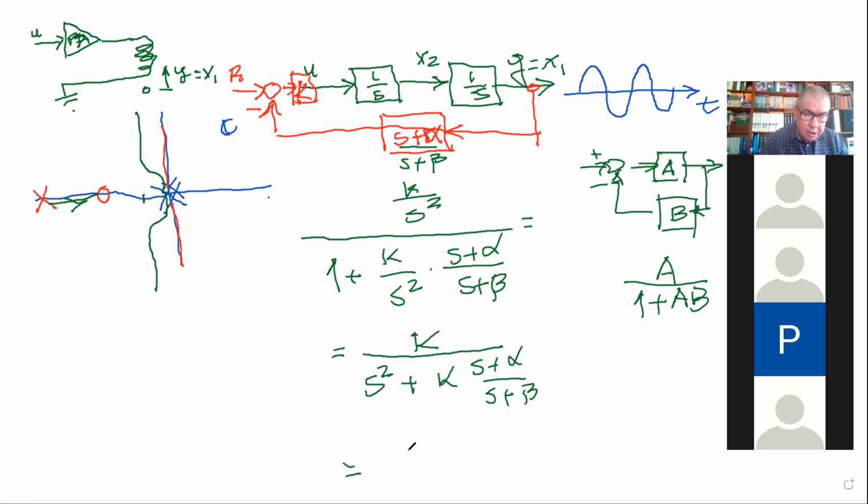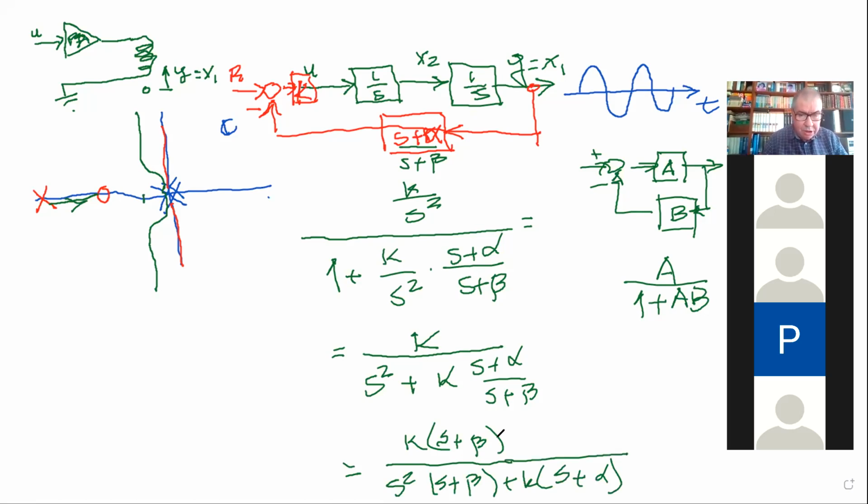And this is K, S plus beta. And here you have S squared, S plus beta, plus K, S plus alpha. Okay?